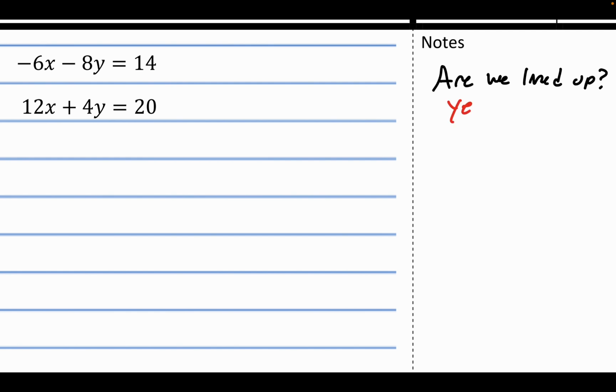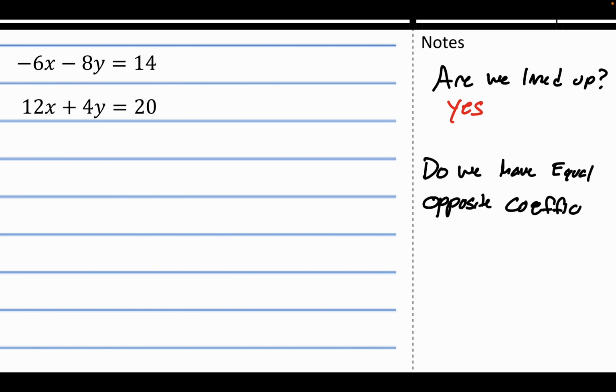The answer to this one is yes. The second major question is, do we have equal opposite coefficients? And the answer to this one is no. Because it's no, we're going to go and make them equal and opposite.